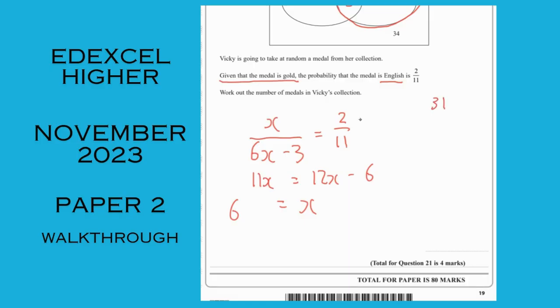We've got 31 and 6, 27, 34. Yep, I forgot my calc. 98 medals in Vicky's collection. Good for her. So I hope that helps, and I'll see you on paper 3.